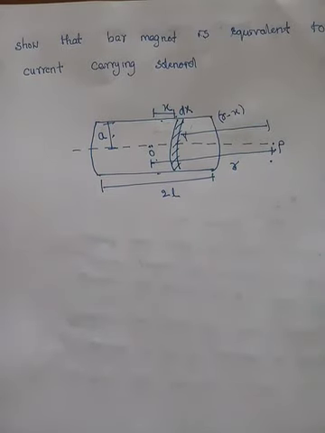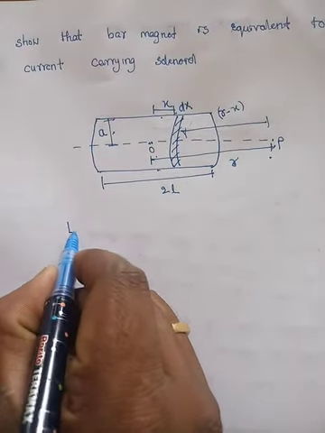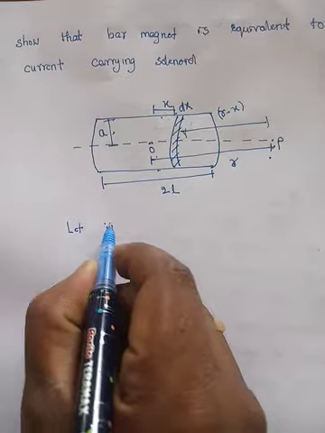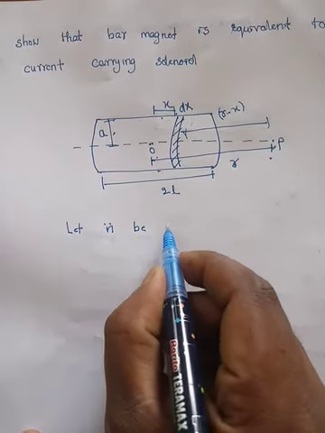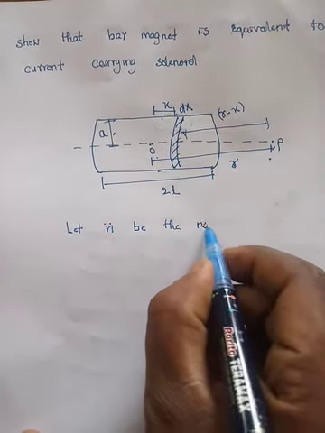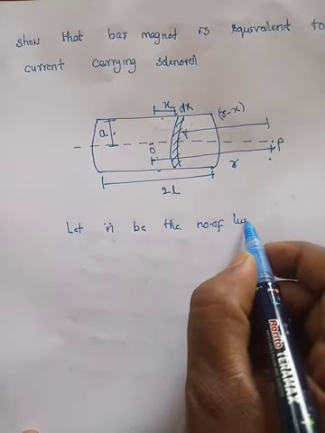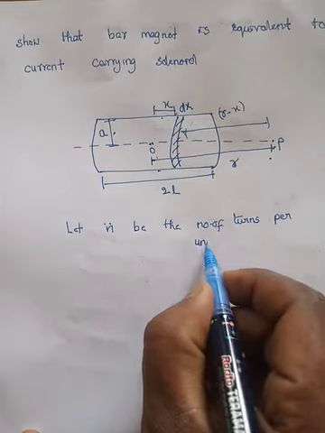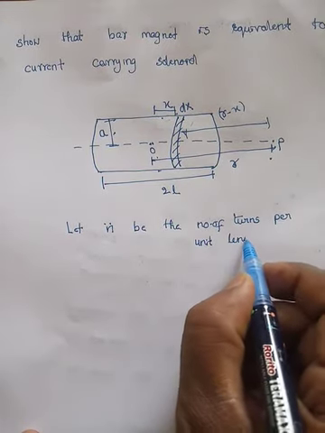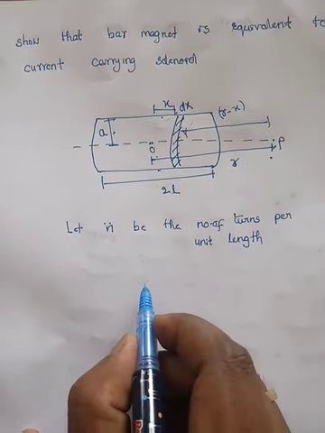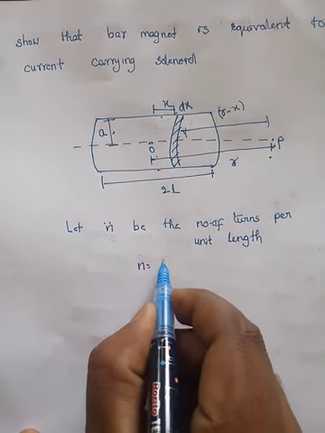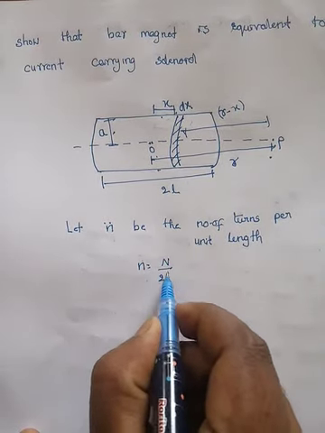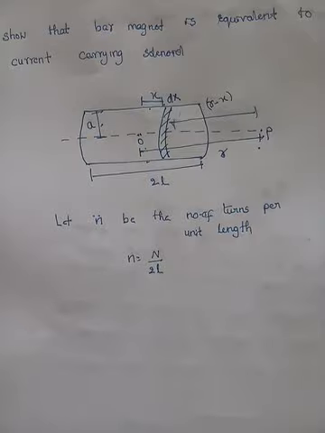Now let small n be the number of turns per unit length. Small n is equal to N by 2L.